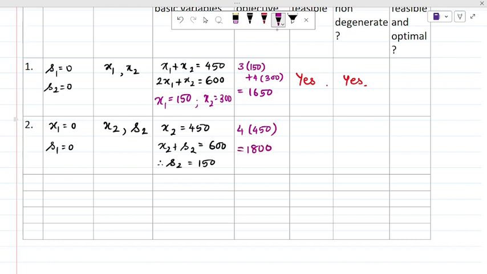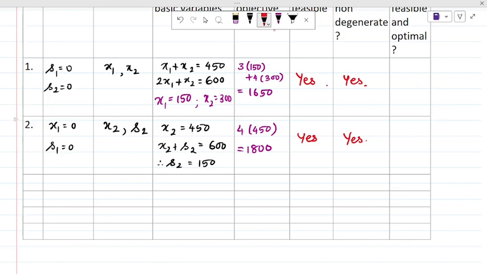This is one answer we get. Now, is this a feasible solution? Yes, it is a feasible solution because the conditions are satisfied. Is it a degenerate solution? Yes, it is a degenerate solution because n variables are 0 and the remaining are positive.